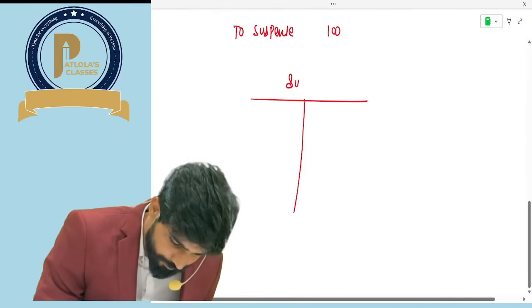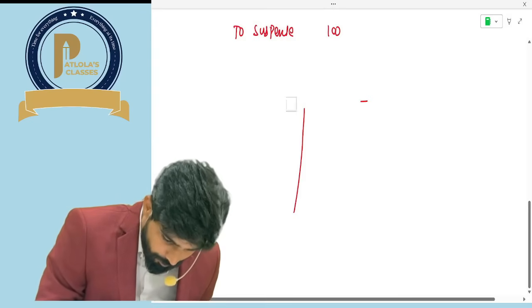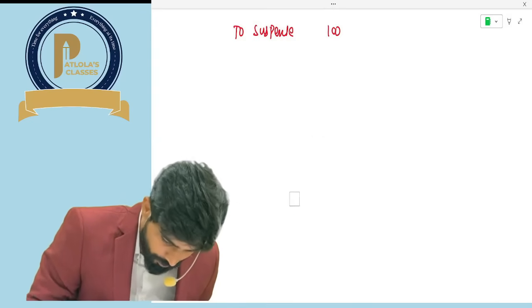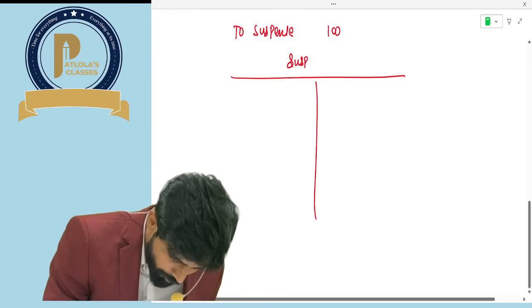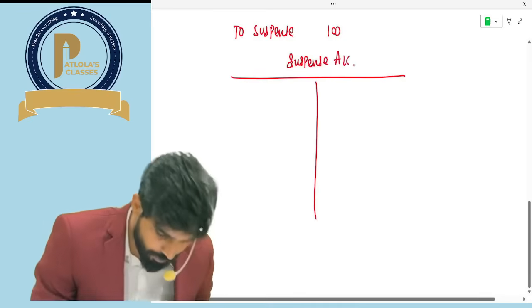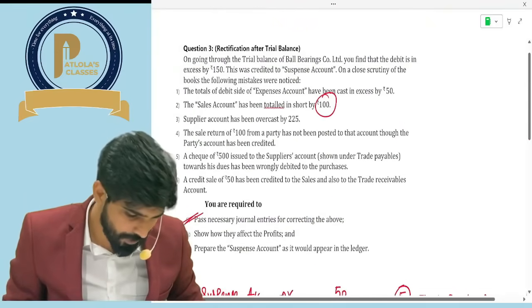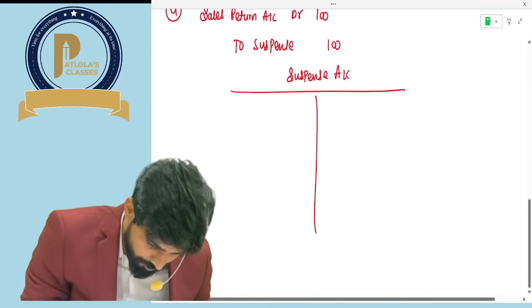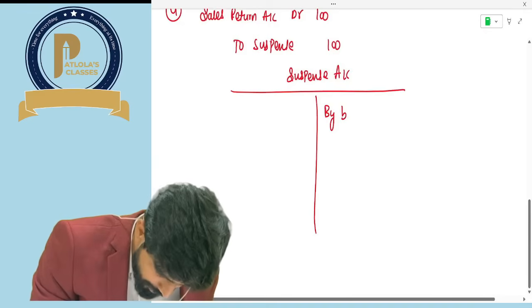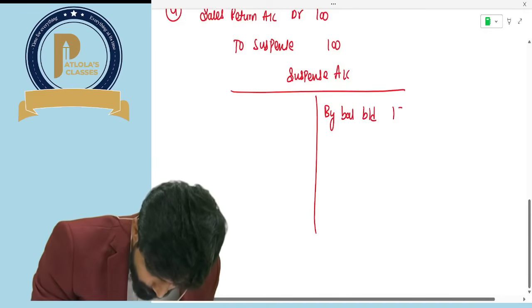Suspense account. Suspense account is having which balance? Suspense account is having a credit balance of how much? Credit balance of 150. So by balance brought down will be 150.